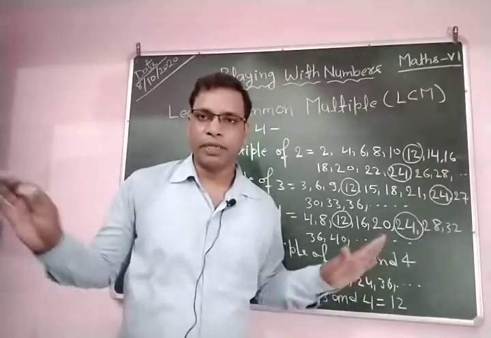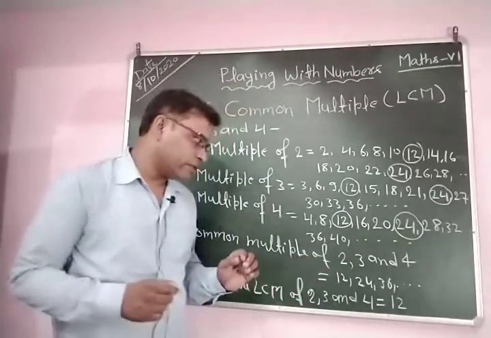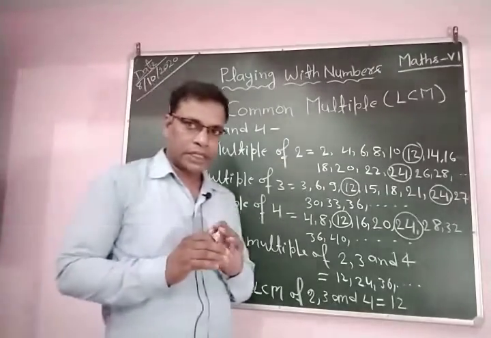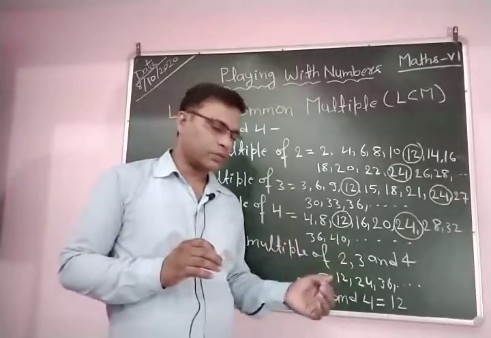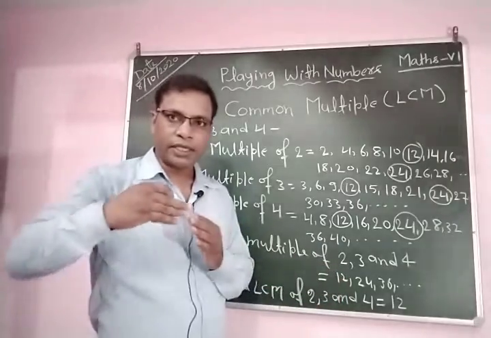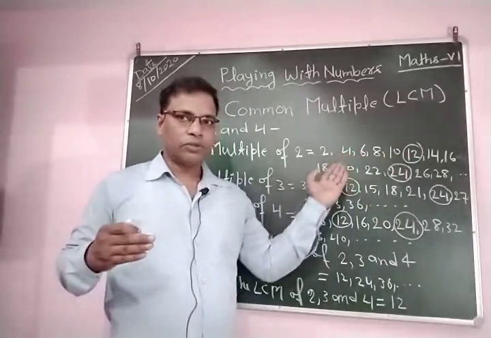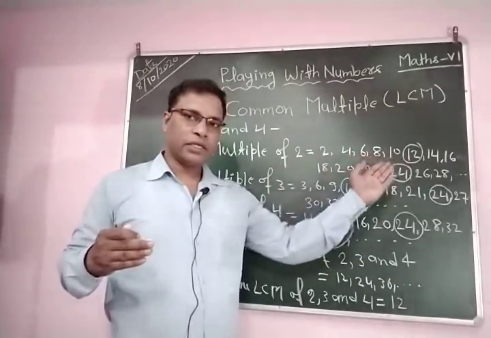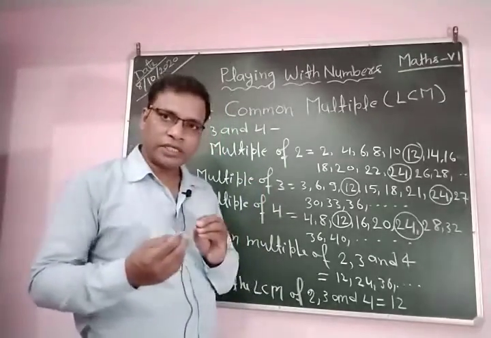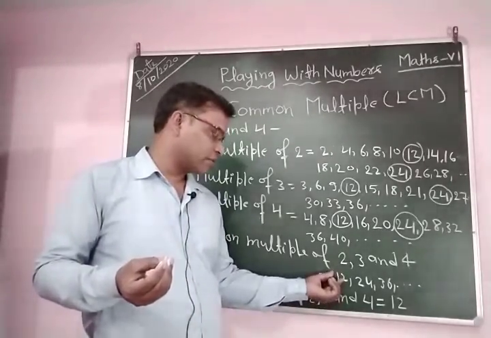Here the least number which is a common multiple of the given numbers 2, 3 and 4 is the first common multiple in increasing order. As you can see, we wrote all the common multiples of 2, 3 and 4 in increasing order. So the first common multiple is the LCM, the least of the common multiples.